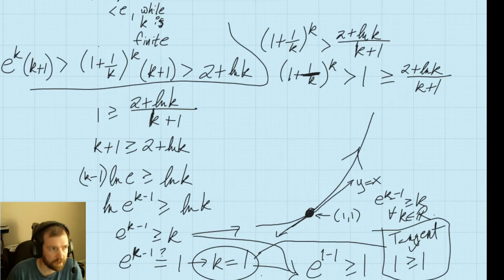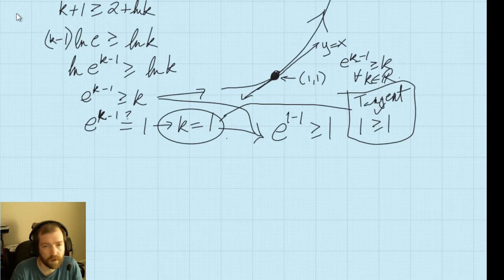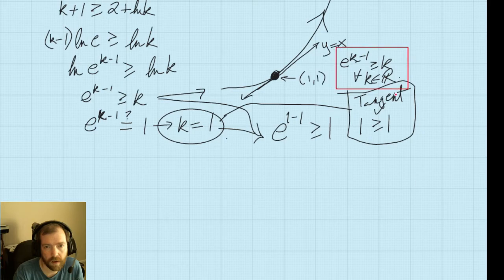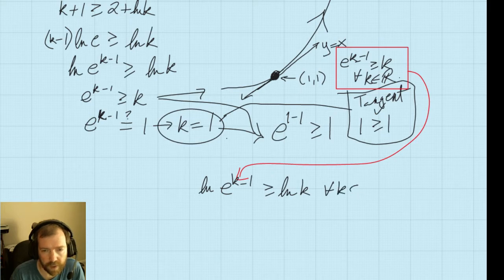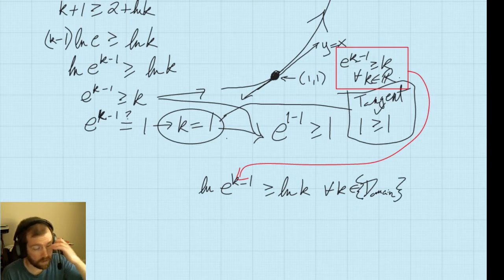So since we have that, this says that the natural log of e to the k minus 1 is going to be greater than or equal to natural log of k for all k within the domain. Terrible notation, but I'll deal with it.